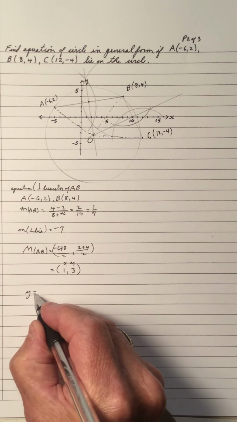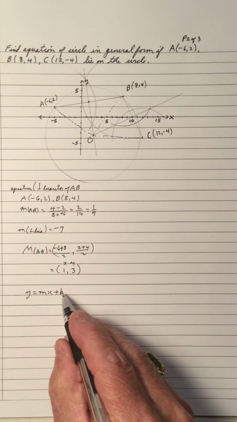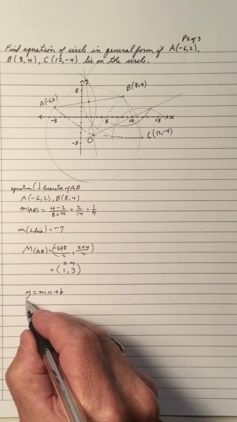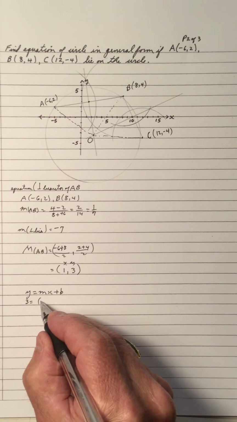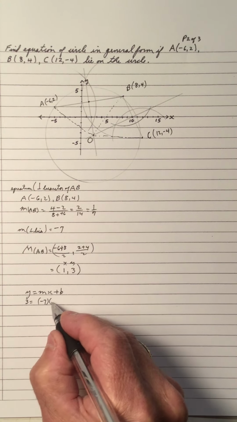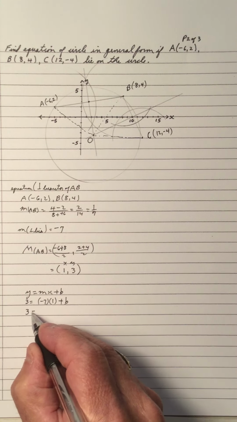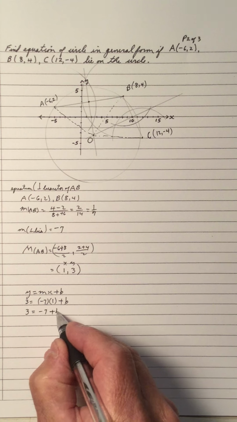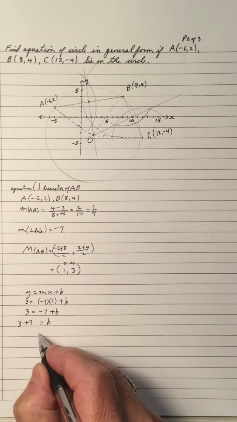So y equals mx plus b is the equation of a line in slope y-intercept form. The y is 3. The m is negative 7. The x is 1. So we get the b. So 3 equals negative 7 plus b. So b equals 3 plus 7.